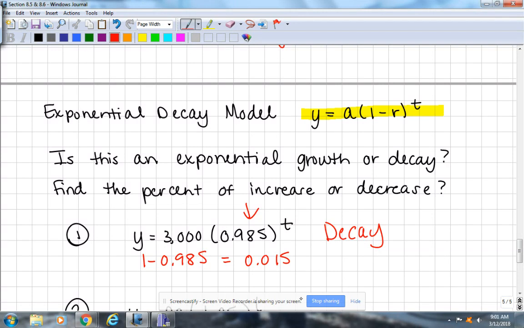And how do I convert that to a percent? Move the decimal how many times? 2. It's a 1.5% decrease. So you find the difference between that number and 1, and then move the decimal 2 spaces. That's it.